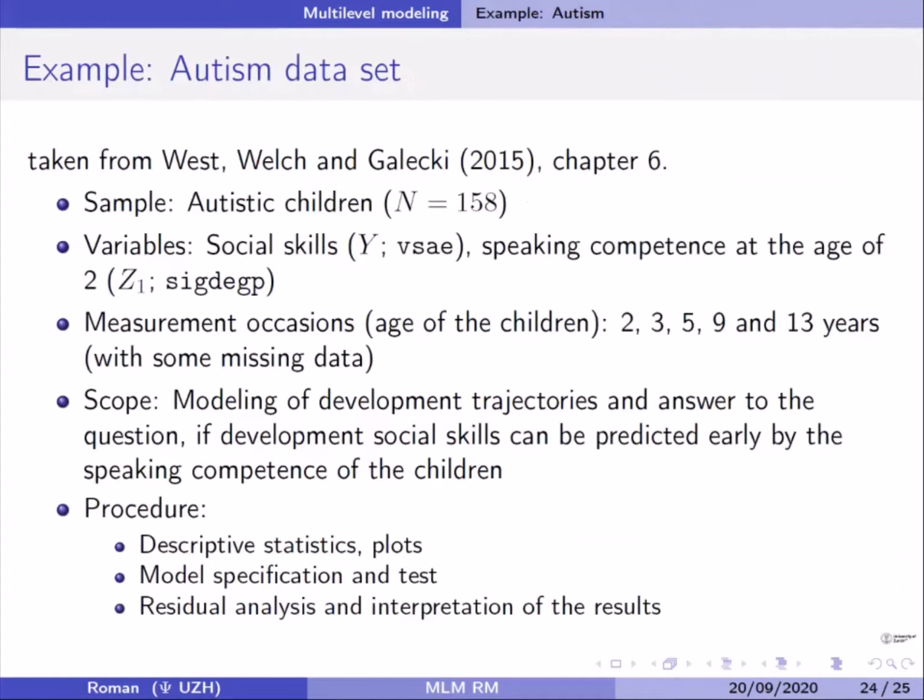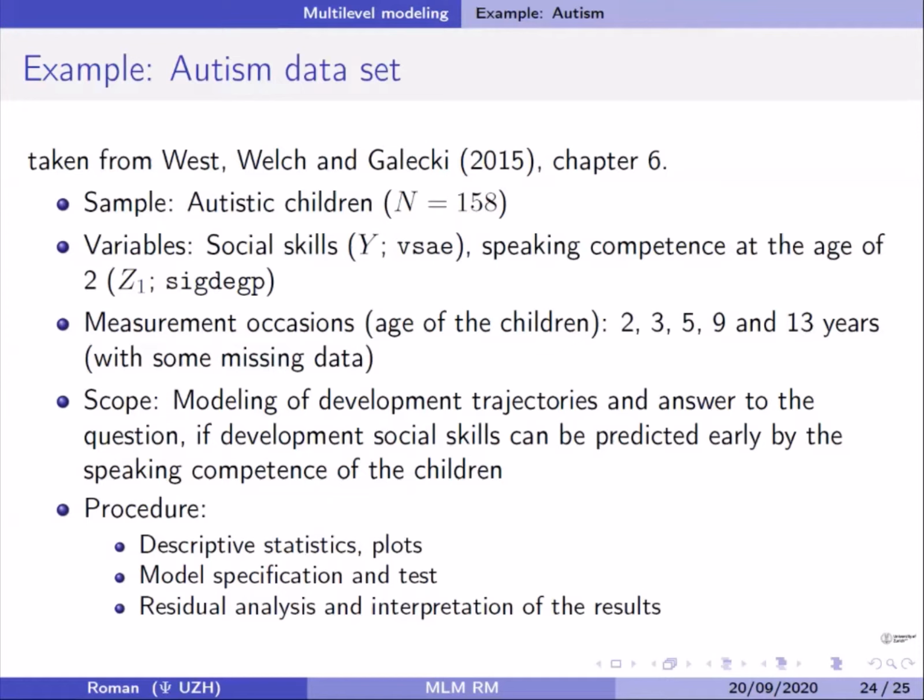So to help put this all together, I will be doing an R example with the data from the plots you saw in this lesson today. It is data taken from West, Welsh, and Galecki, and it is a sample of 158 children who are autistic.